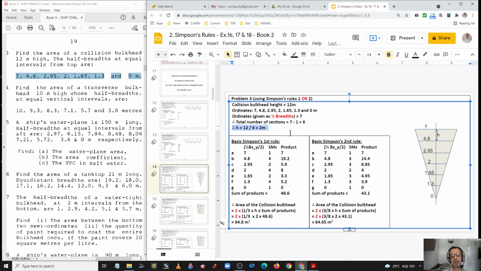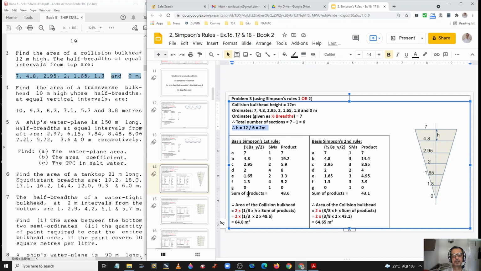Here I am going to show you the same problem worked out using Simpson's first rule as well as Simpson's second rule. Basis Simpson's first rule. 4 columns. First column on the left, all your semi-ordinates from A to G. Half breadths or y by 2 are given over here as given to us in the problem.